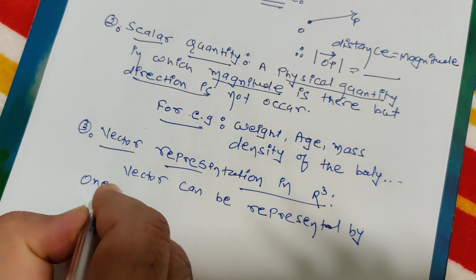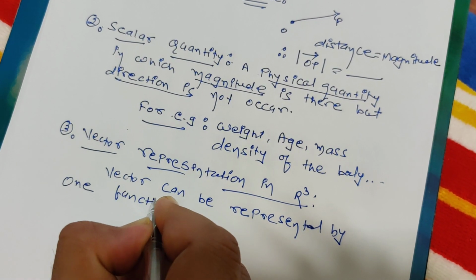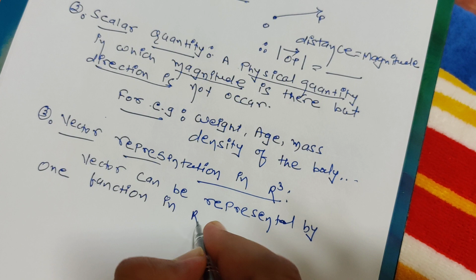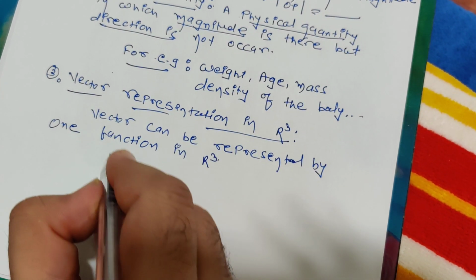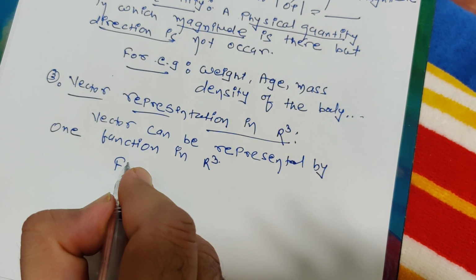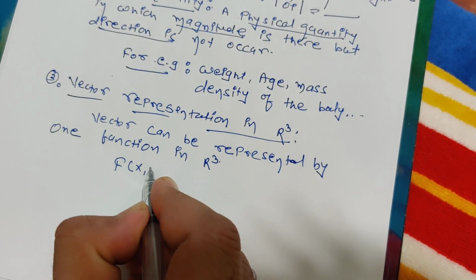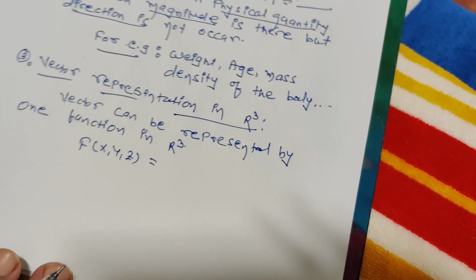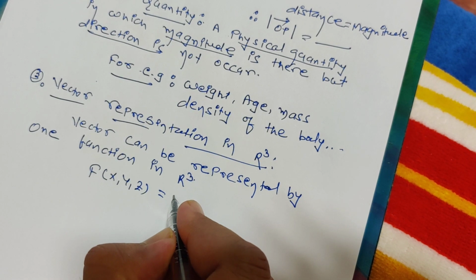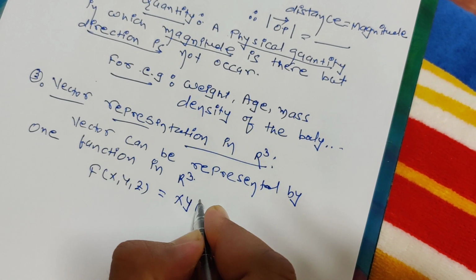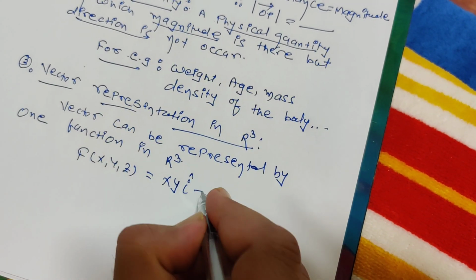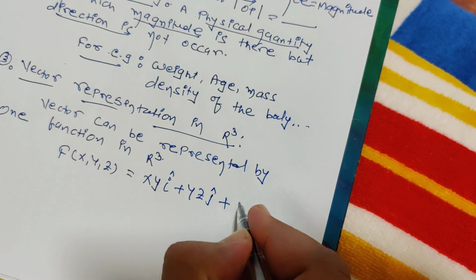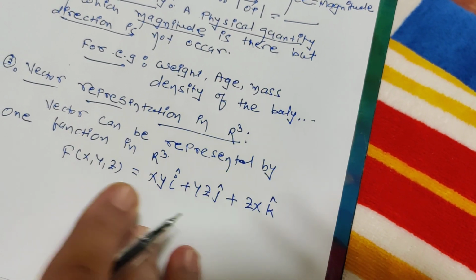one function in R3, like F(x, y, z) is equal to xy i caret, yz j caret, zx k caret, students.